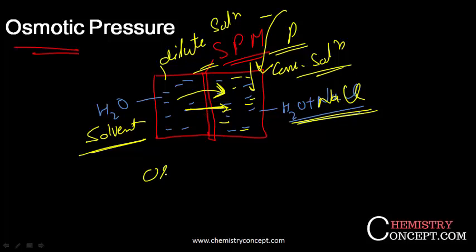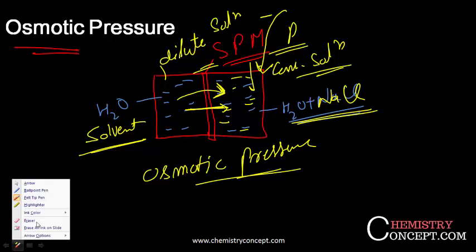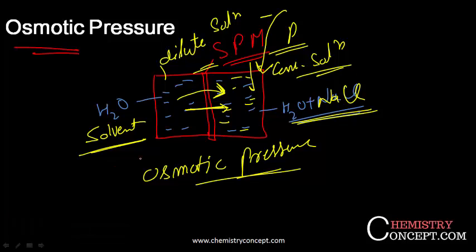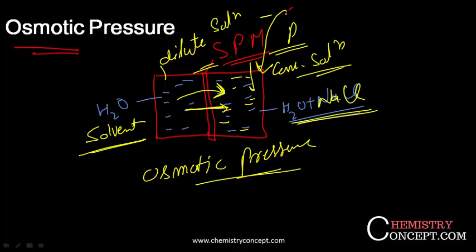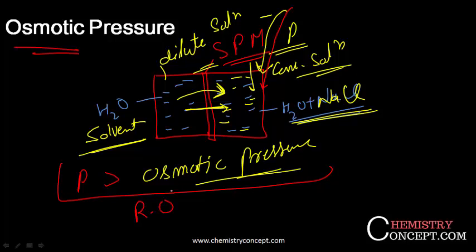That pressure is called osmotic pressure. That means the pressure which is required to stop the flow of solvent. Okay, and if the pressure is further increased beyond osmotic pressure, reverse osmosis takes place. That means now the water starts moving from the concentrated solution to the dilute solution, and this process is also used for water purification, reverse osmosis or RO.